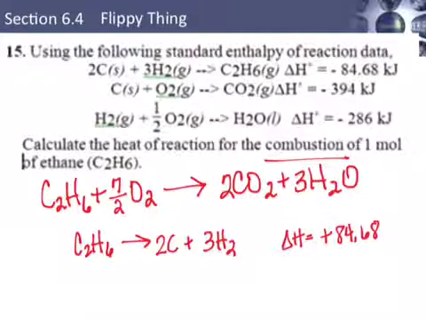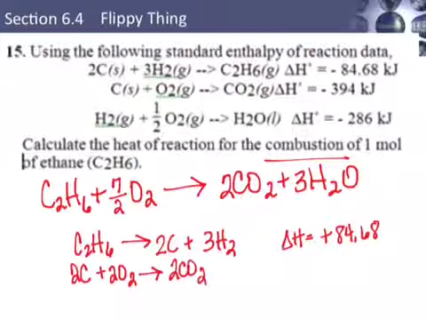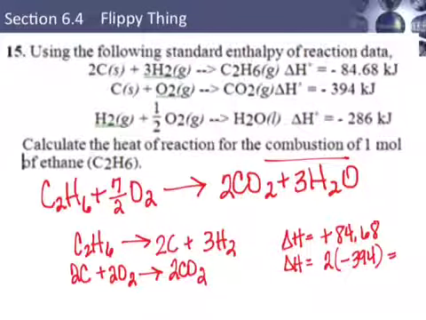Leave it. Oh, wait. We only have 1 carbon dioxide in that original equation. So we need to double it. So we're going to multiply everything in that other equation by 2. So we have 2C plus 2O2. And that's going to give me my 2 CO2s that I need. Delta H also gets multiplied by 2. So it's going to be 2 times negative 394, which is negative 788.